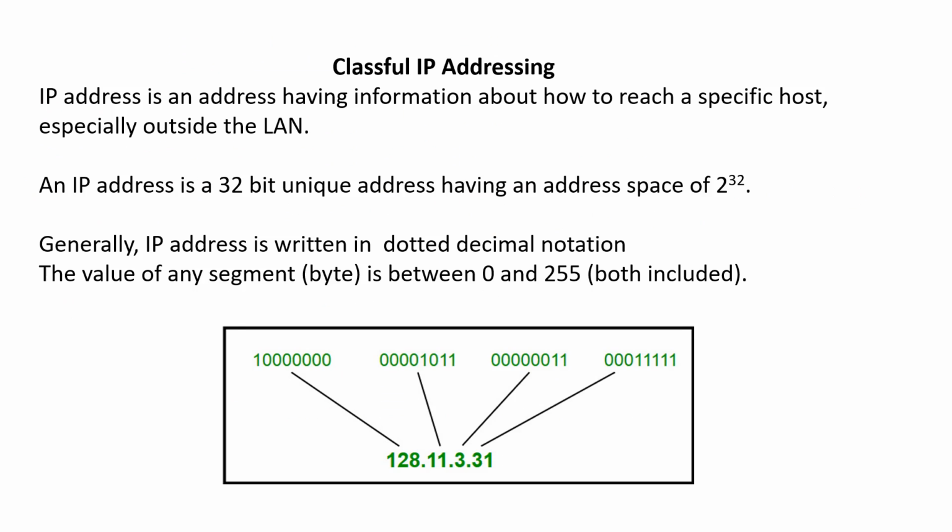Next, we study classful IP addressing. This is actually obsolete technology, but we still need to study how classful IP addressing gives a unique identification for each host. The IP address contains information about how to reach a specific host, especially outside the LAN.